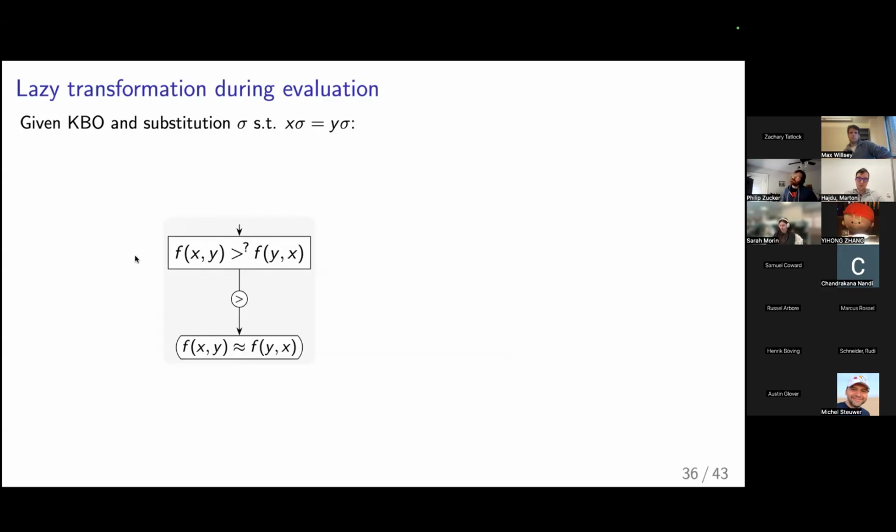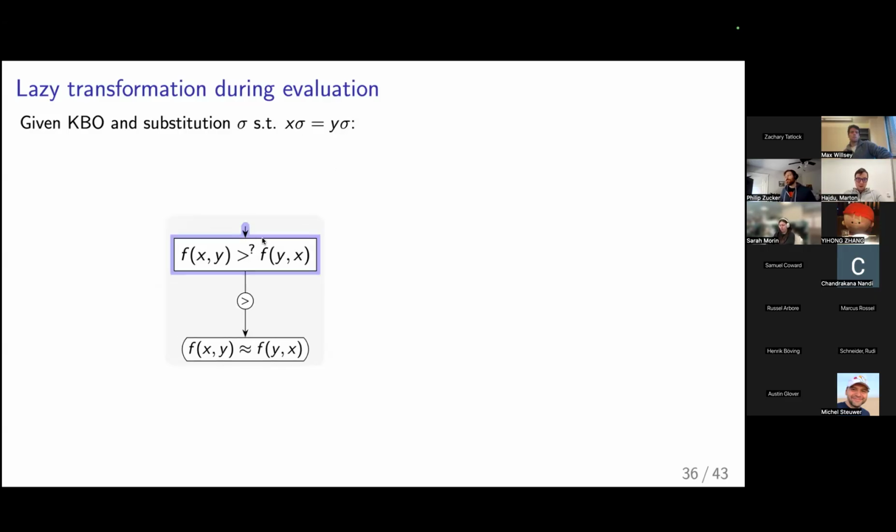And I will show you now an example of how this works with this term ordering diagram corresponding again to the first post-ordering check. And let's say we use a substitution where x sigma is equal to y sigma. So we start here, and I will show the current path through the diagram with this bold or blue color.